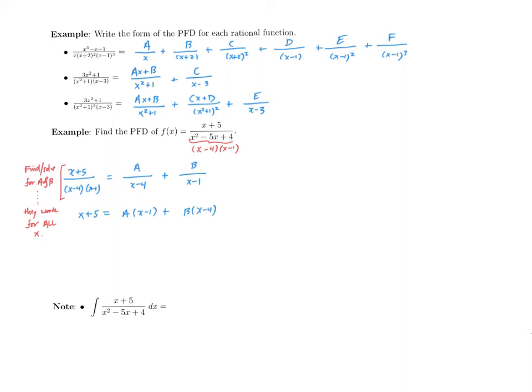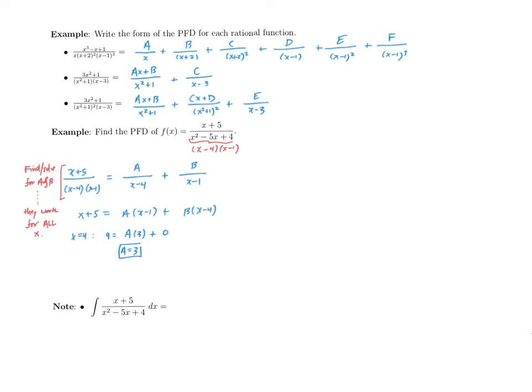Now, if I want to solve for A, what is a value of x that I can substitute in to make the B term vanish? 4. Note if we substitute in x equals 4, the left-hand side is 9, and the right-hand side is A times 3 plus 0. So immediately we know A must be equal to 3.